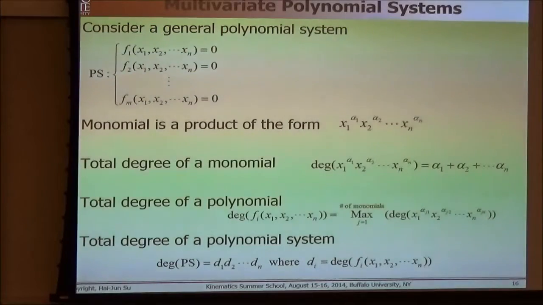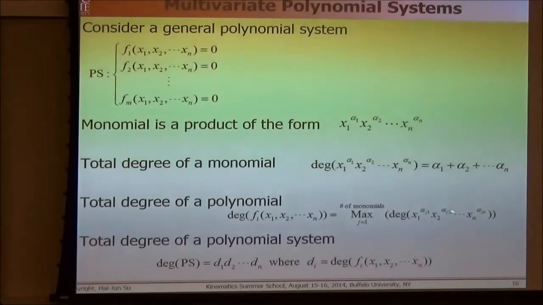The total degree of the monomial is the summation of the exponents of each variable. The total degree of a polynomial is the maximum degree of all its monomials. And the total degree of a polynomial system is just the product of the degrees of each polynomial.